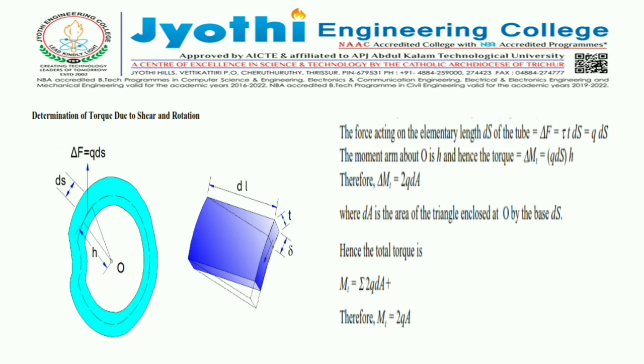Hence, total torque is obtained by summation of all small elements, so total torque M is equal to summation of 2q dA. Therefore, torque is equal to 2q into A. The torque acting on a thin-walled section is always obtained as torque T is equal to 2q into A.